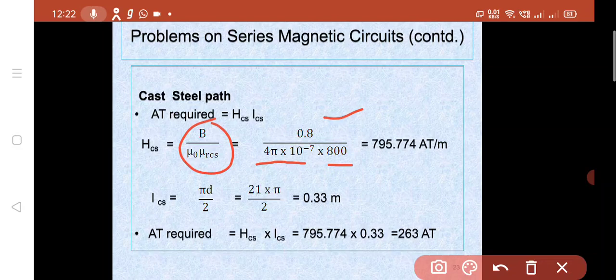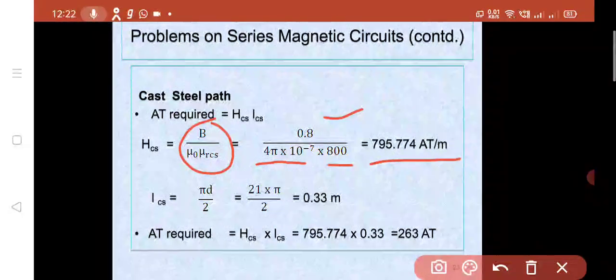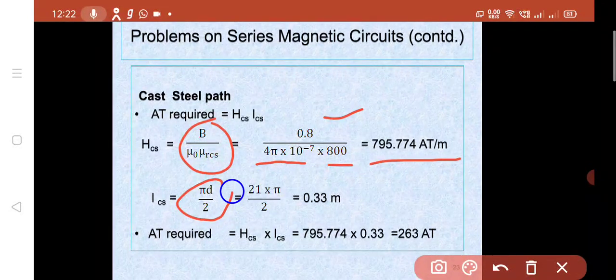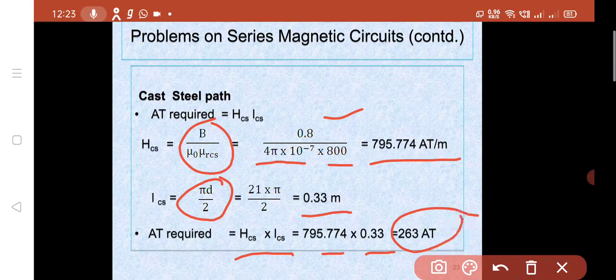So the HCS value is 795.774 ampere turns per meter. LCS is pi D by 2, the same as before, where D value is 21, so 0.33 meters. Ampere turns required is HCS into LCS, 795.77 into 0.33. So the total is 263 ampere turns.